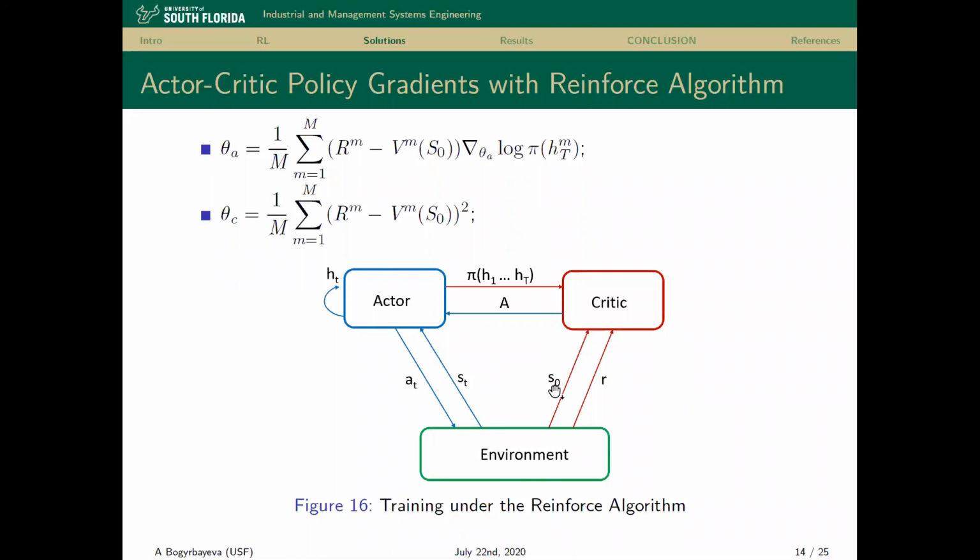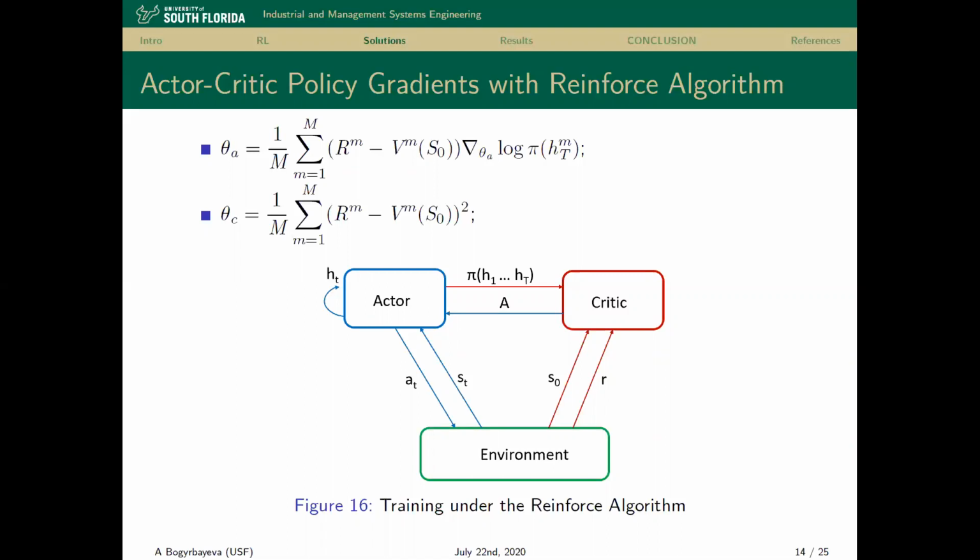Based on this information, the advantage function is calculated, which is basically the actual empirical reward R, the total time spent in the system, minus the predicted approximated value, and this difference is used to update the critic network. In a similar way, we are updating the actor network, but we also have a log of probabilities here. So this is a pretty well-known algorithm.